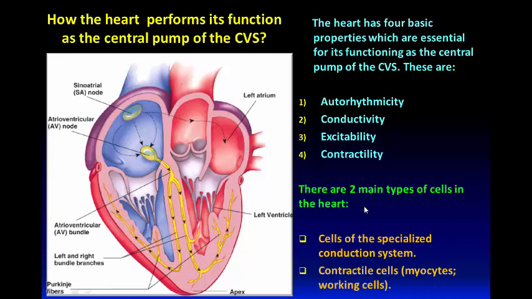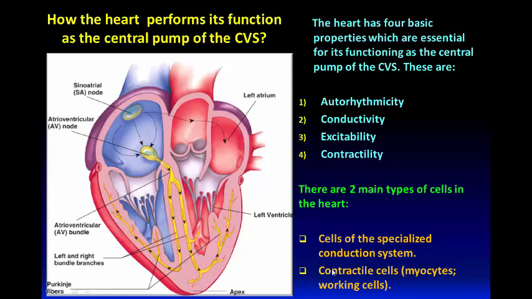So within the heart, then, we have two main types of cells. The cells of the specialized conduction system in the sinoatrial node, AV bundle, bundle branches, and Purkinje fibers, and the contractile cells which we have in the walls of the atria, interatrial septum, and the walls of the ventricles and interventricular septum.